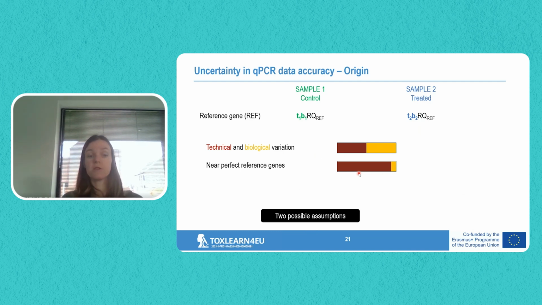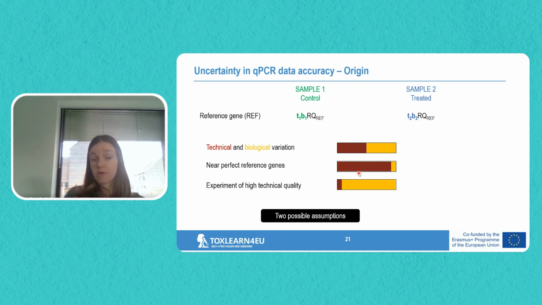So when reference genes are almost perfect, differences in CQ value for the reference gene between samples would only be due to technical variation. On the other hand, when you have an experiment of very high technical quality, in that case, all the variation or most of the variation that you would measure in the CQ values of the reference gene would be due to biological variation.